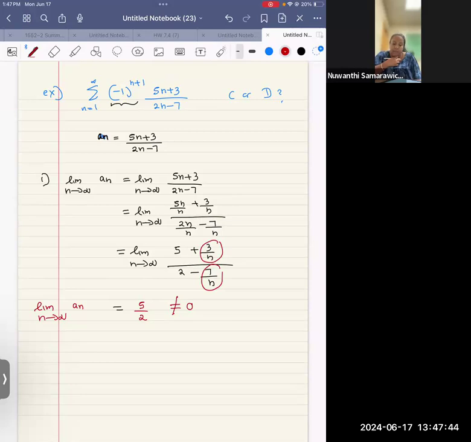Remember, if we show that the limit is not 0, then this doesn't pass the divergence test. Passing the divergence test means it should be equal to 0.